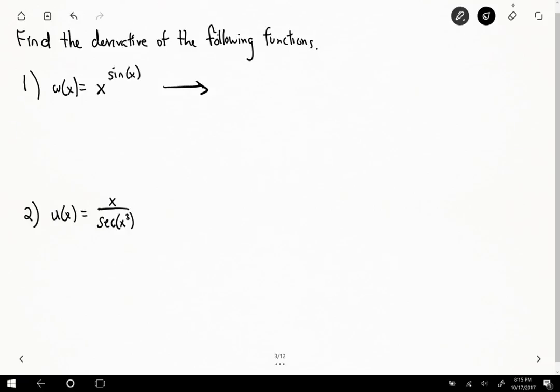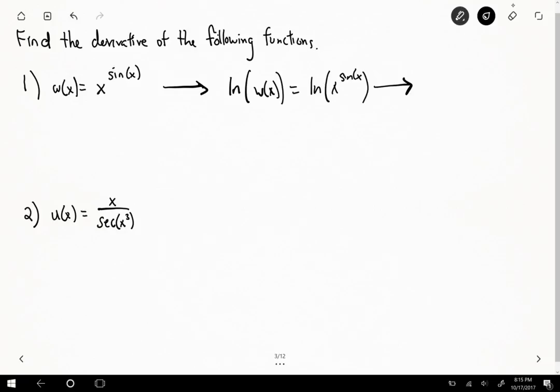And so first things first, in order to bring this exponent on down so we can work with it, we need to take a natural log of both sides. And so we take a natural log of w of x, and that should equal the natural log of x raised to the sine of x power. And what does that allow us to do? Well, that allows us to write this in a slightly different format.